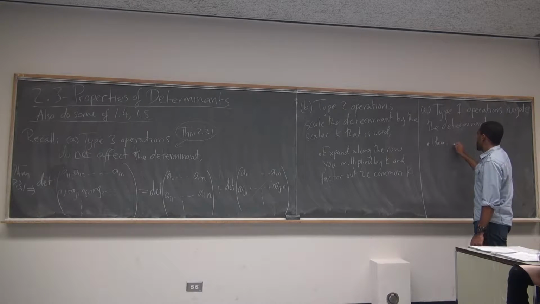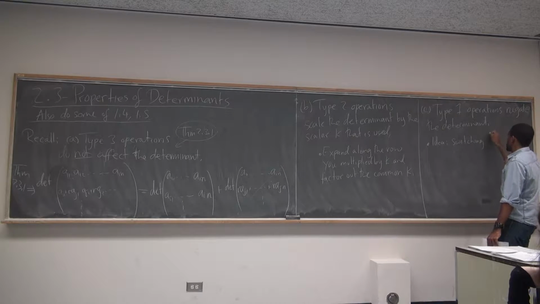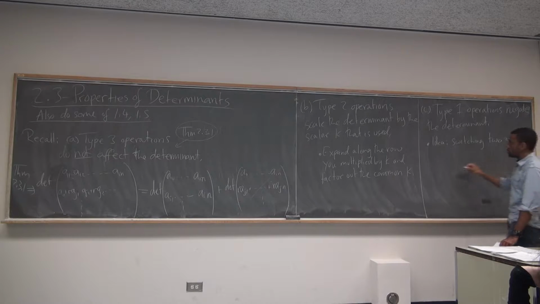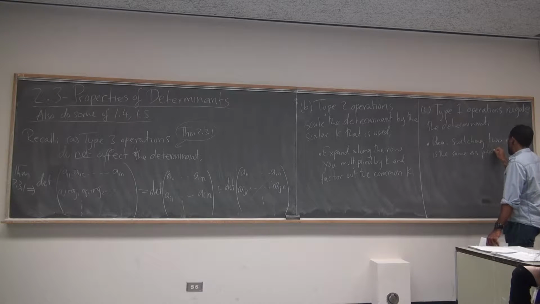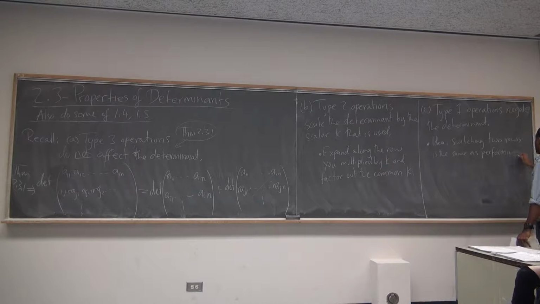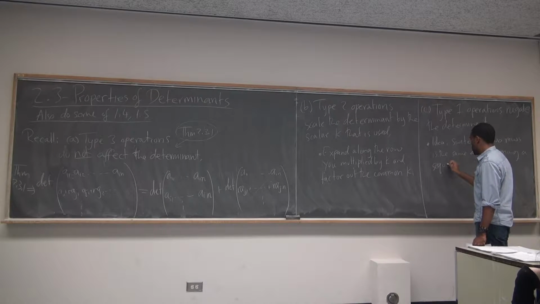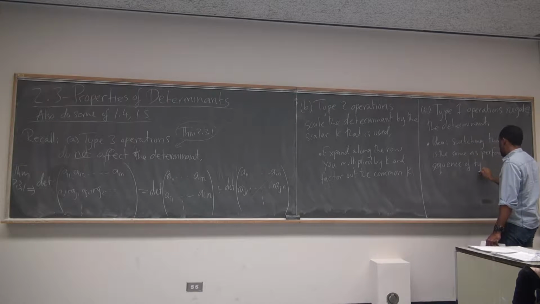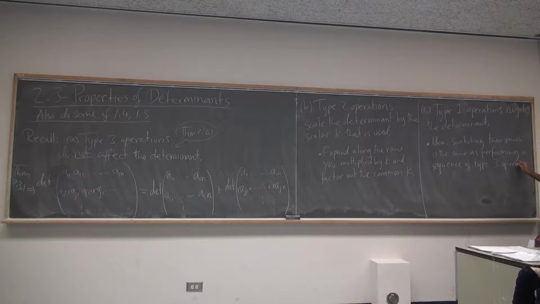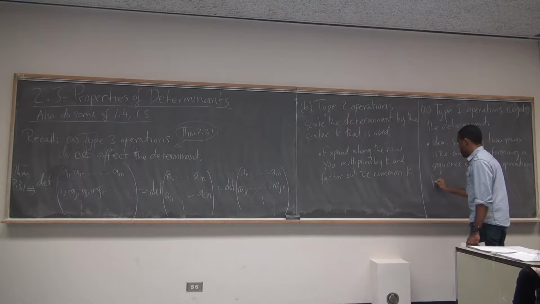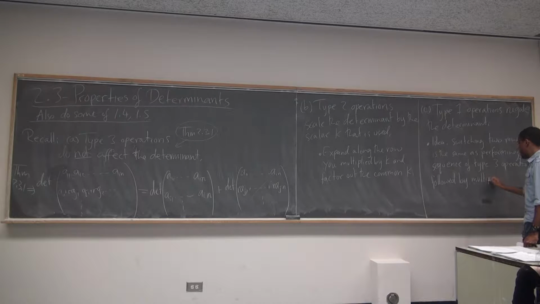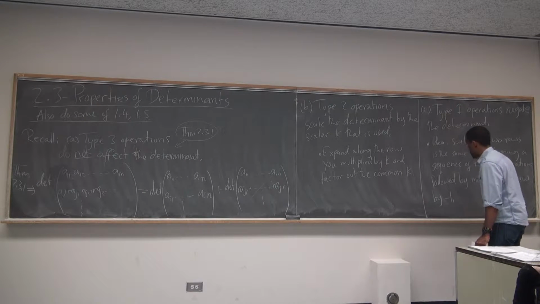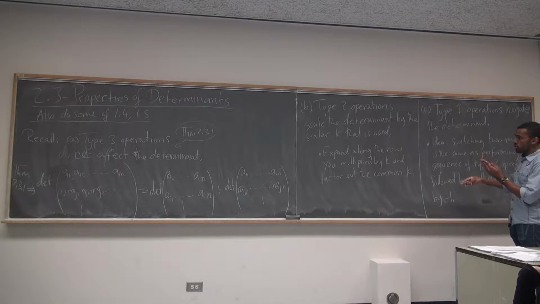The idea here is you can actually switch 2 rows using row operations.